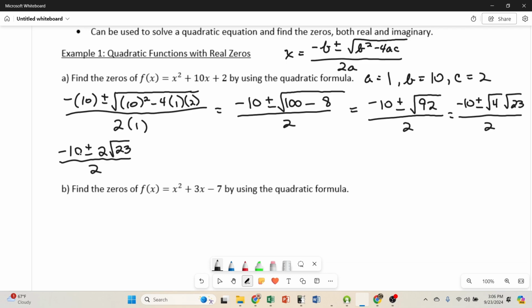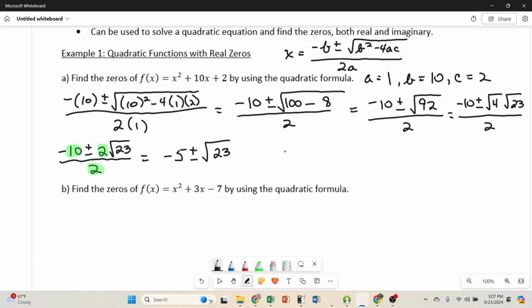So now I can divide 2 into each of these evenly, right? So 2 goes into negative 10, negative 5 times, plus or minus the square root of 23, and this would be our answer.